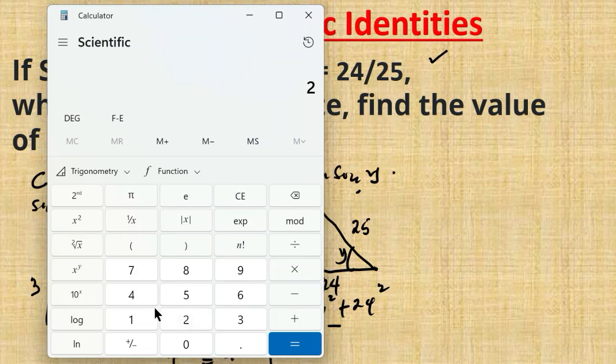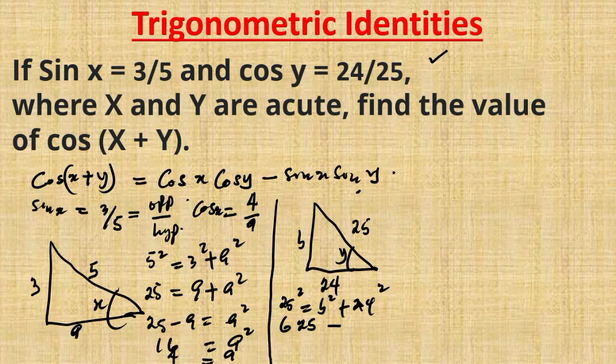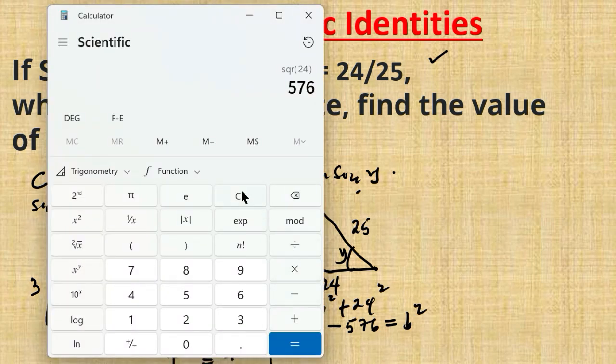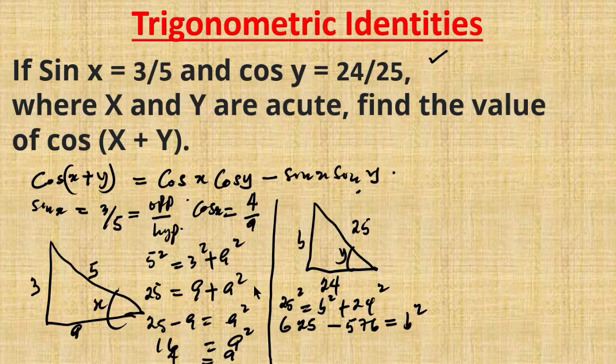So that's 24 squared, that's 576, so 625 minus 576 equals b squared. That equals 49. So b squared equals 49.